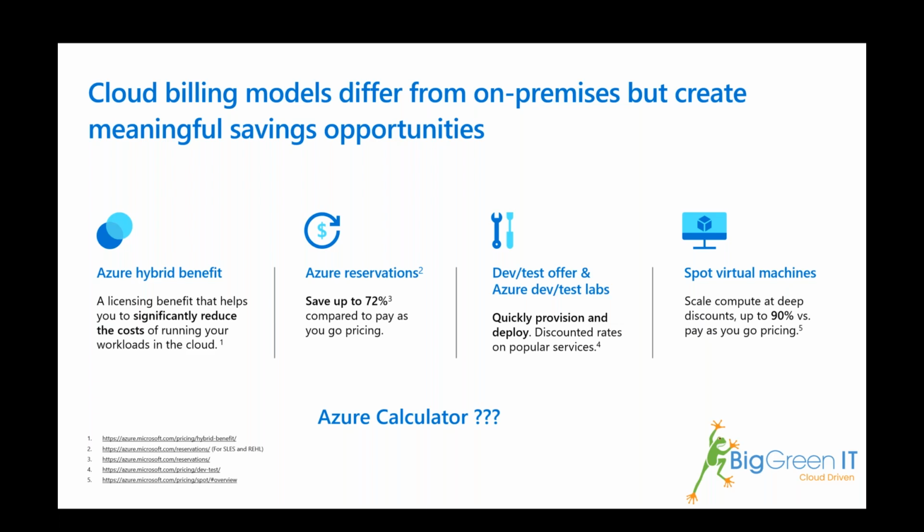In addition, the migration tools we use that we hit on earlier, most of them also have some calculator components. And then we're a member of Microsoft's Datacenter optimization team, which is a 3-letter acronym for Azure.